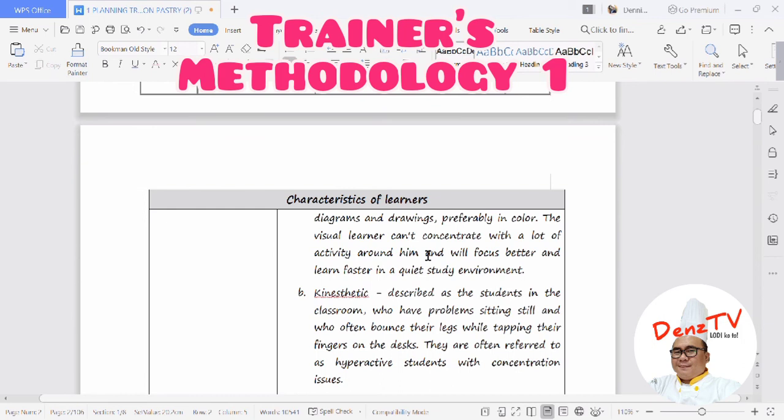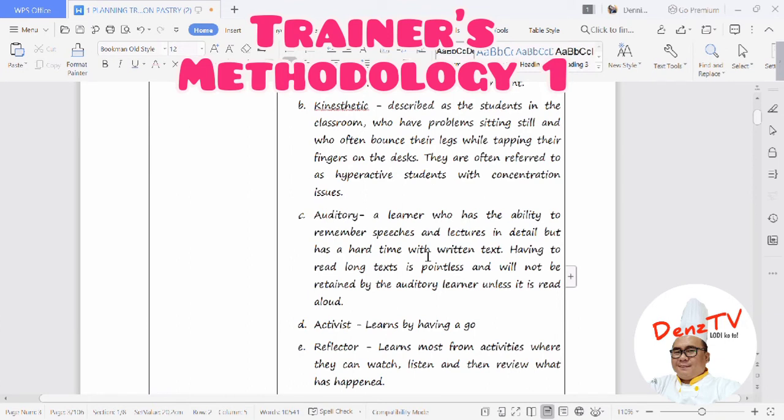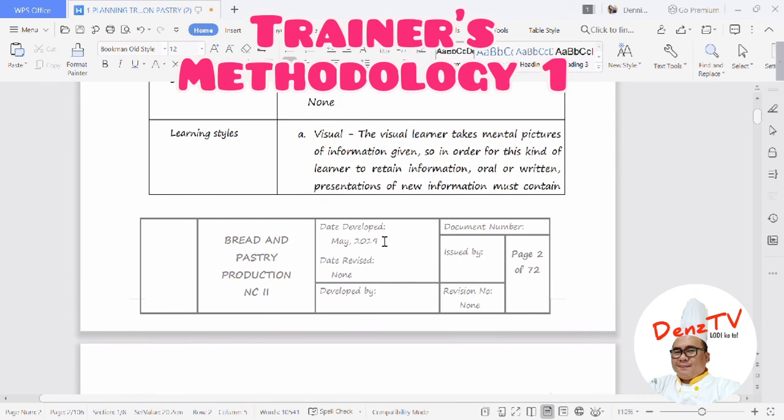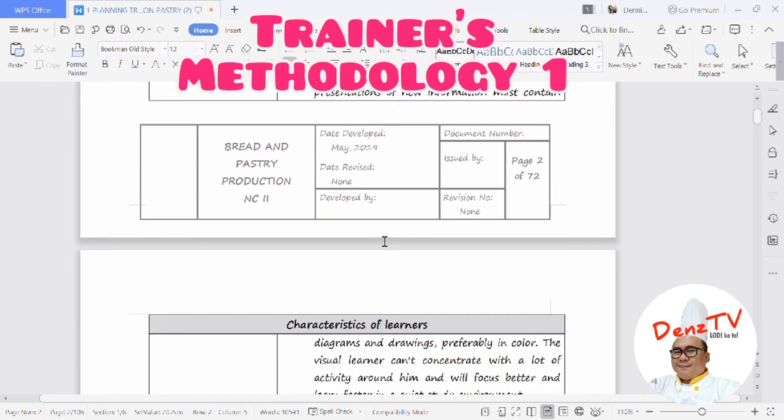So, he or she will study in small groups, study with music in the background, and use memory and flashcards. So those are the kinesthetic learners. What about auditory? Okay, auditory, these are the learners who have the ability to remember speeches and lectures. So for all of those learning styles, the student will determine their particular learning style.